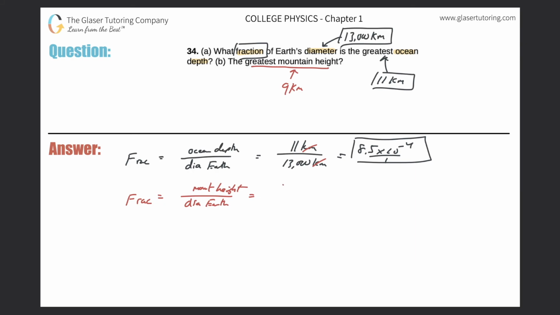That would be 9 kilometers over 13,000 kilometers. Again, I'm consistent with the units, so they go bye-bye. Now 9 divided by 13,000 works out to approximately 6.9 times 10 to the minus 4, and that's that particular fraction.